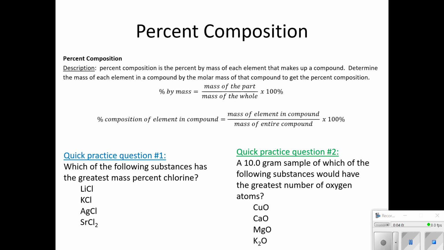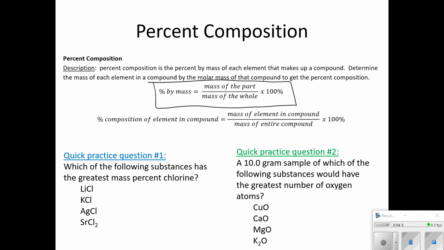All right, percent composition. So percent by mass is something that I've seen pop up in a lot of different contexts in the AP test in the past. It's something that could show up later on, like in Unit 4 with stoichiometry, or in other various applications. So it is an important concept.